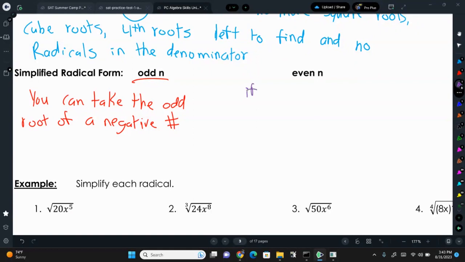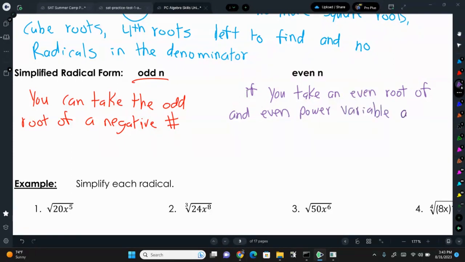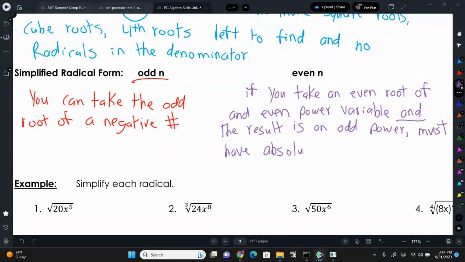So if you take an even root of an even power variable and the result is an odd power, you must have absolute value bars around the variable.